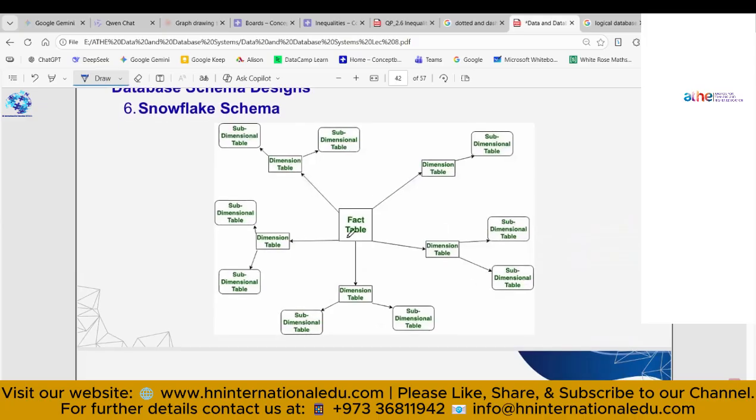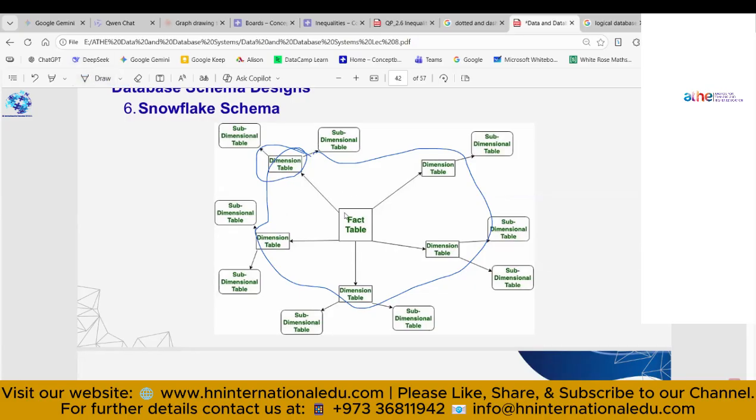This part here, you can call a star schema. But now this is not a star schema, because this dimension table is again divided, or has multiple branches like sub-dimension tables. So now it's not a star schema anymore, it's a snowflake schema.